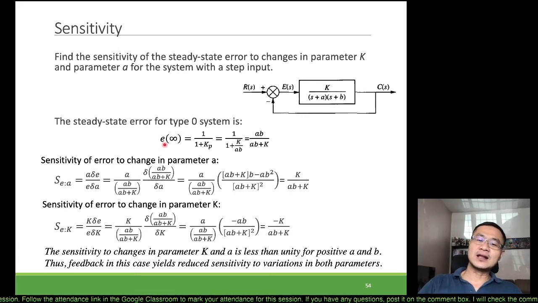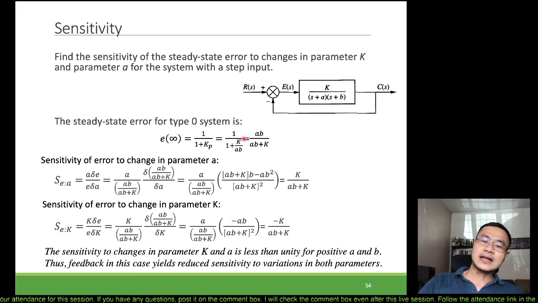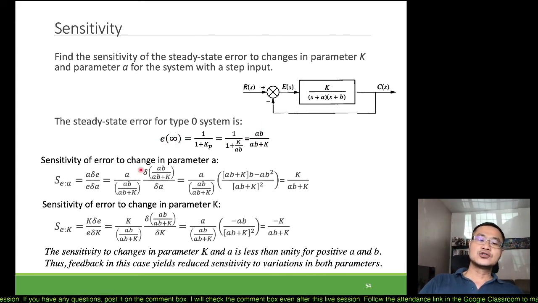That finite value can be calculated using the previous final value theorem. Then we get that the steady state error would be AB divided by AB plus K, since this is near zero, so it's K over A multiplied by B. Put it in, apply our final value theorem, and we get AB divided by AB plus K. So now this is our function.